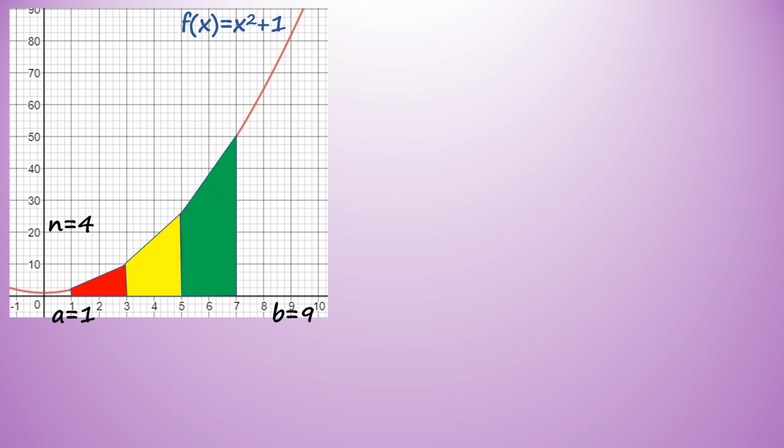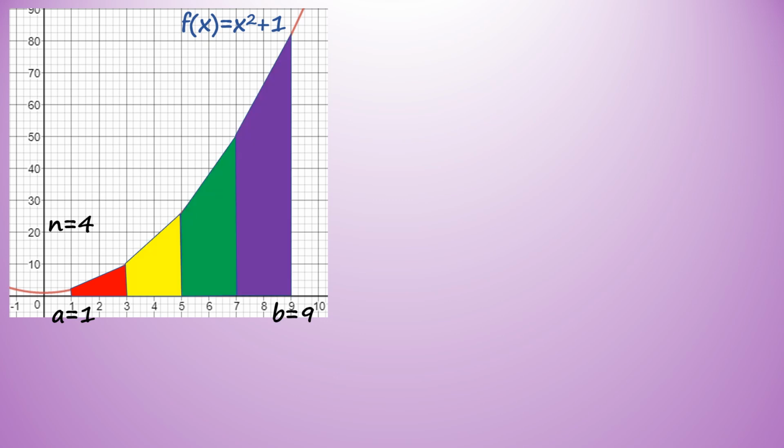And we'll do this using trapezoids. The more trapezoids we use, the better our estimate will be. However, using more trapezoids requires more work. It's a trade-off. In this example, let's use the 4 trapezoids that I had displayed earlier.